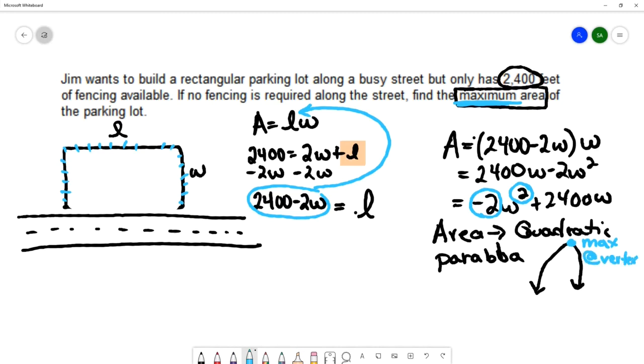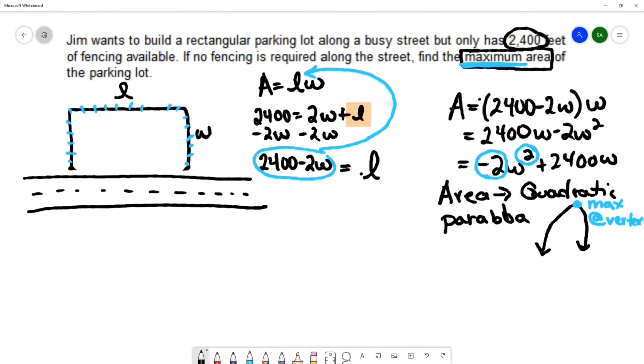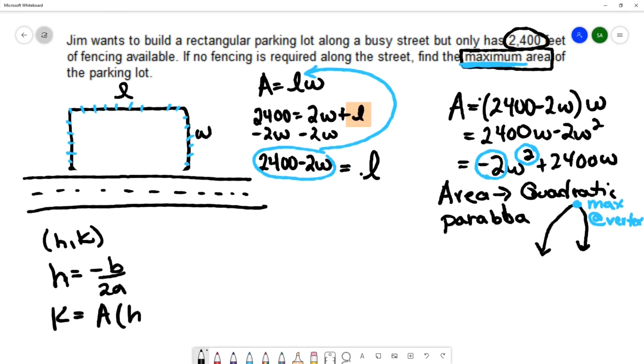And so we have a way of figuring out that vertex. We're going to use the vertex formula. The vertex is going to be an ordered pair (h, k), and we can find that x-coordinate of the vertex using the formula negative b over 2a, and we're going to find the y-coordinate of the vertex by substituting that value of h into the area function.